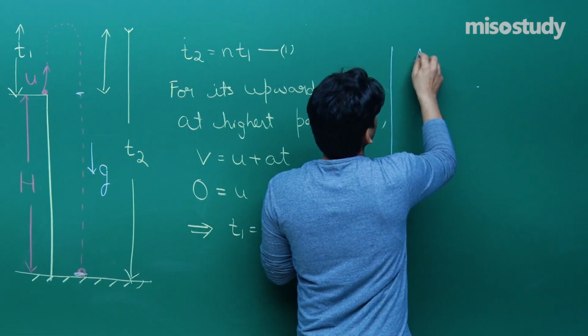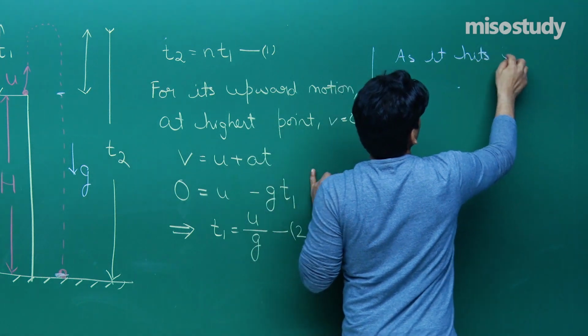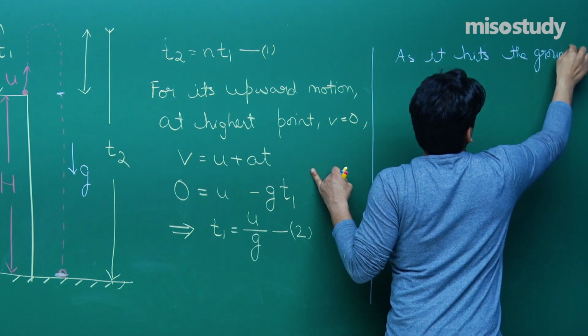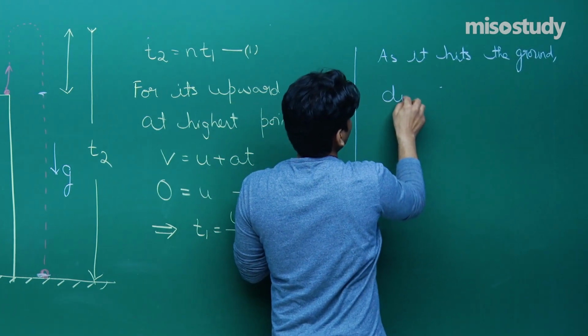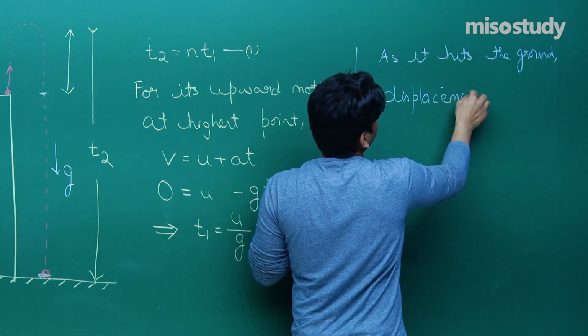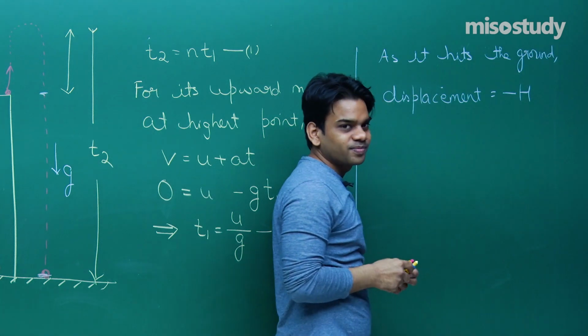Don't use plus h. Let me clarify this, the same thing. Here, as it hits the ground, displacement is equal to minus h, because we are taking the downward direction as negative.